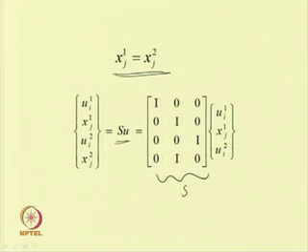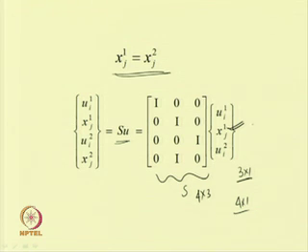Here u equals u I 1, x j 1, as we are putting x j 1 equal to x j 2, so we can write using this x j 1 then u I 2. So this is 4 by 3 matrix and this is 3 by 1, so finally this becomes 4 by 1. We can replace this vector by u I 1, x j 1 and u I 2.